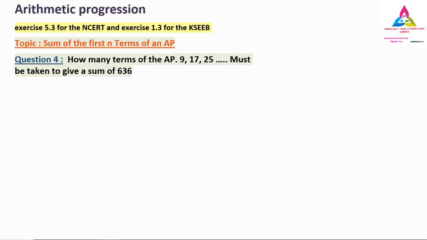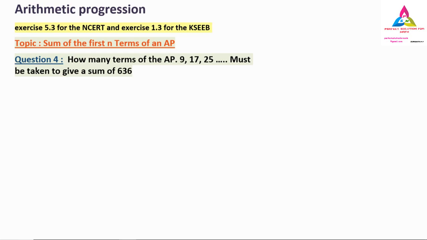Coming to question number 4: How many terms of the AP 9, 17, 25 must be taken to give a sum of 636? When the question is given, you have to understand what they have given.